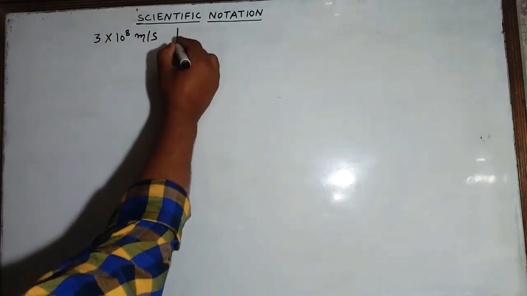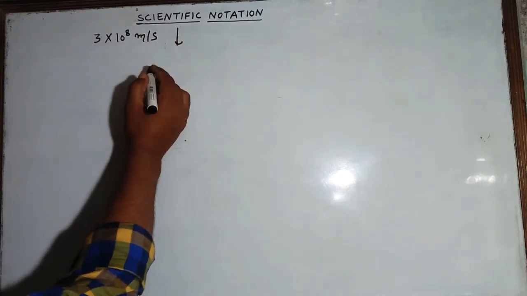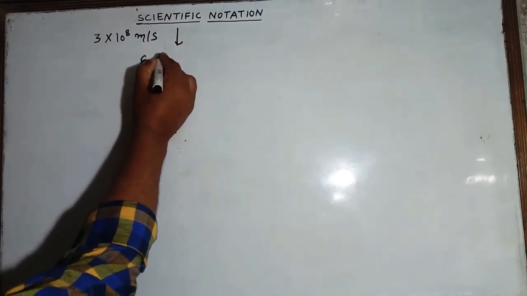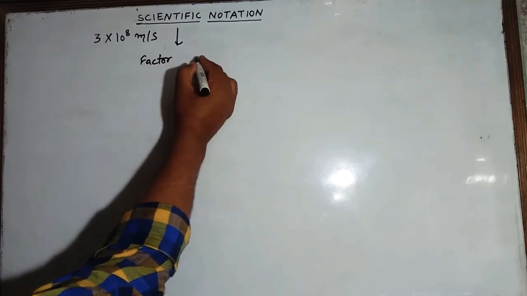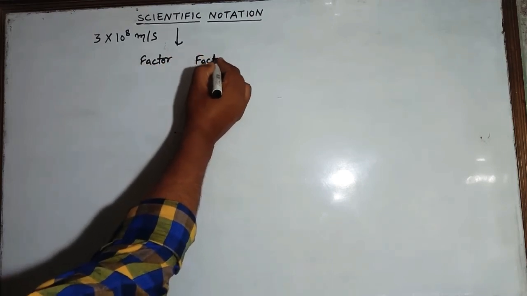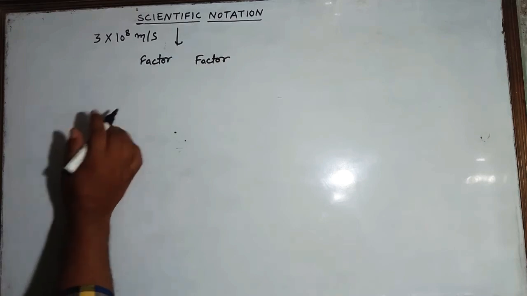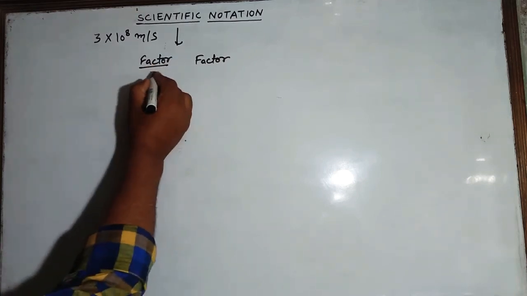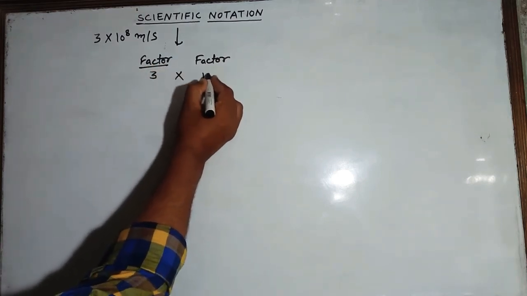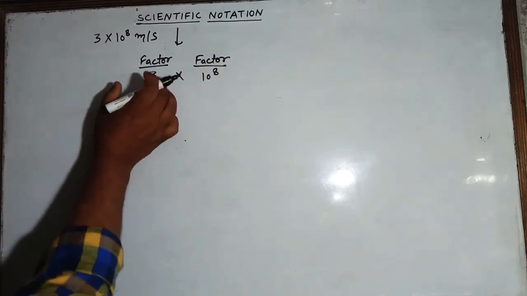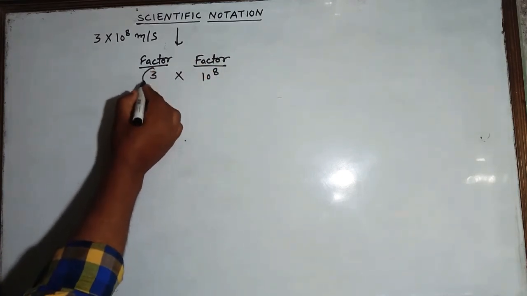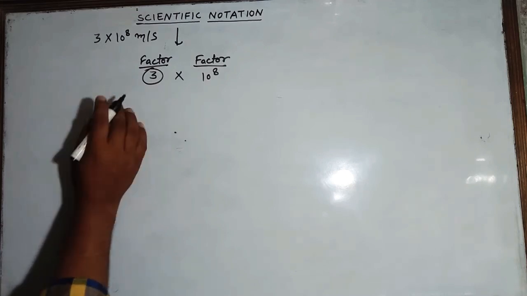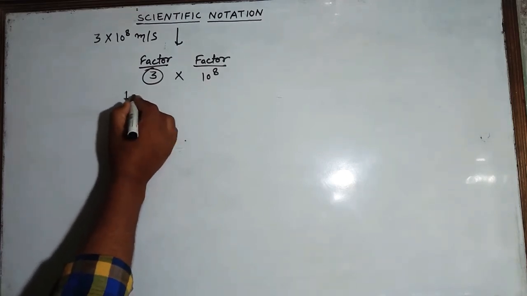So how can we write it in scientific notation? There will be two factors, factor 1 and factor 2. You can see here, 3 into 10 to the power 8. There are two factors. The first factor will be a digit from 1 to 10 only.